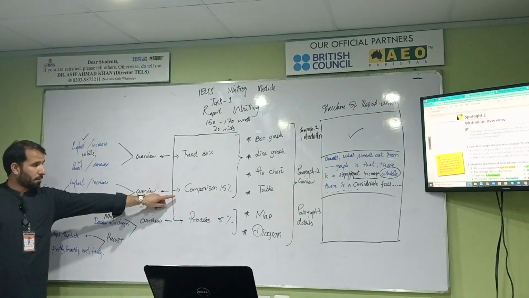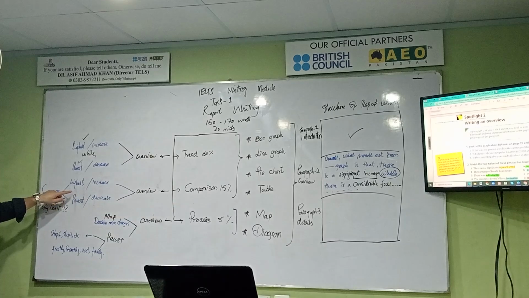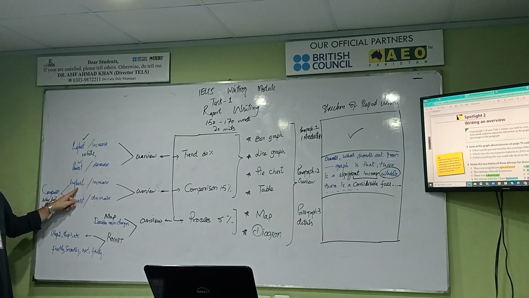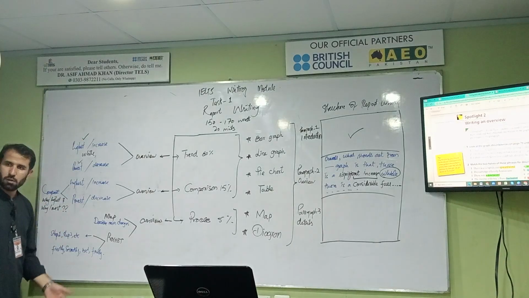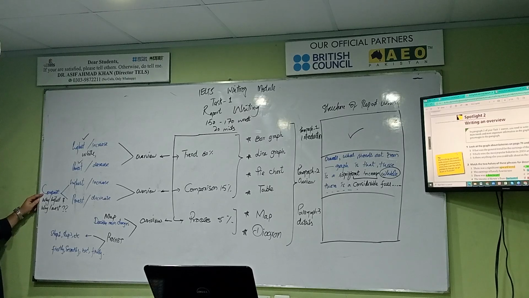Same is the case in comparison. Overview in comparison. You will note down the highest and the lowest. Highest, increase, went up. You know, the one which is in progression and the one which is down. You will mention the highest and lowest, both of them, and then you will compare.